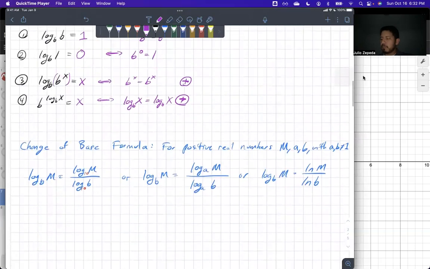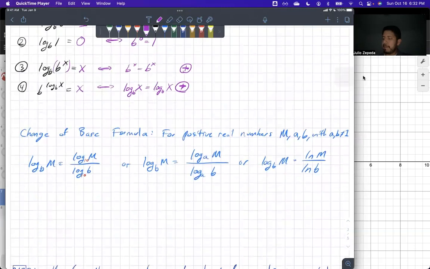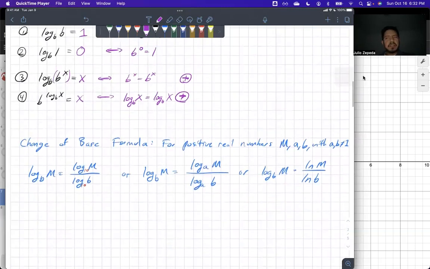So the change of base formula, let's go ahead and do an example of that. This one is not going to come up on the worksheet too much, but maybe it'll help you on the online homework, or it can be used on the worksheet, but isn't necessary.